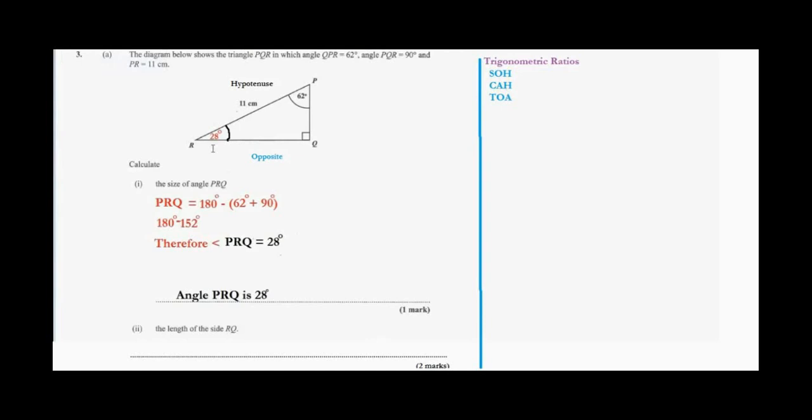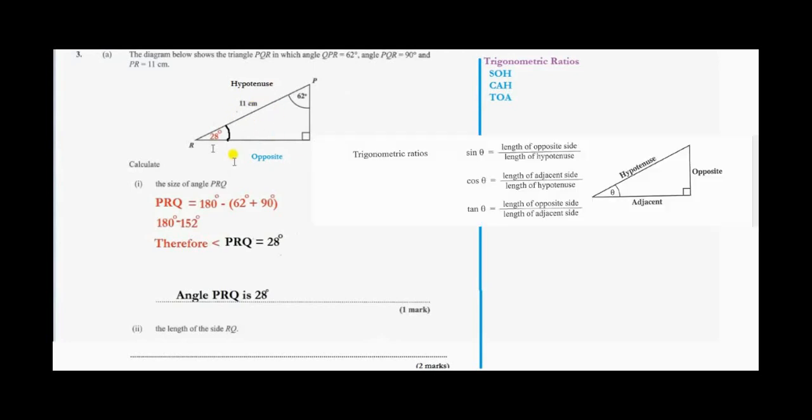So looking at this right angle triangle, I can see that I have a hypotenuse and I have the opposite. I need to find the opposite side. So which one of these ratio would be the most appropriate one to solve this problem? It would be sine theta opposite over hypotenuse because I have the hypotenuse and I have the opposite.